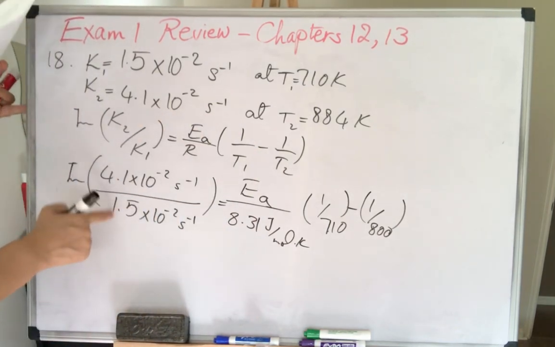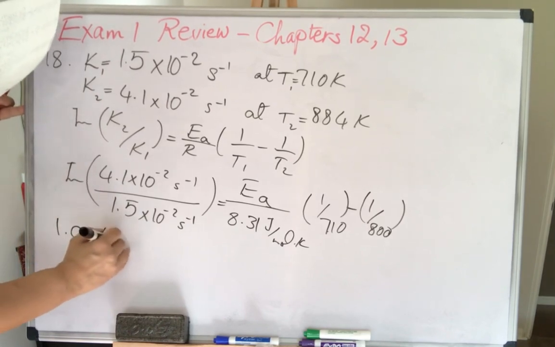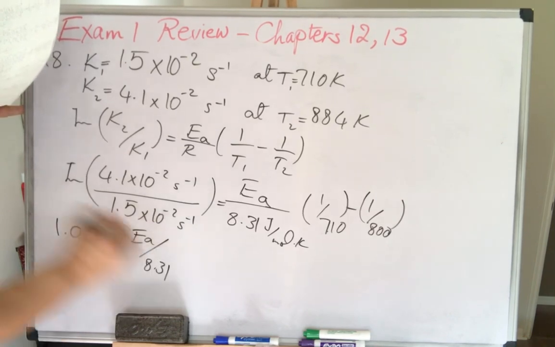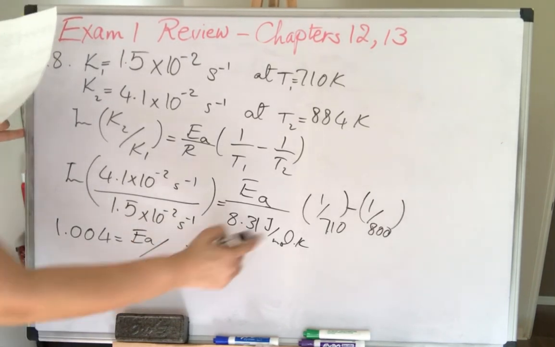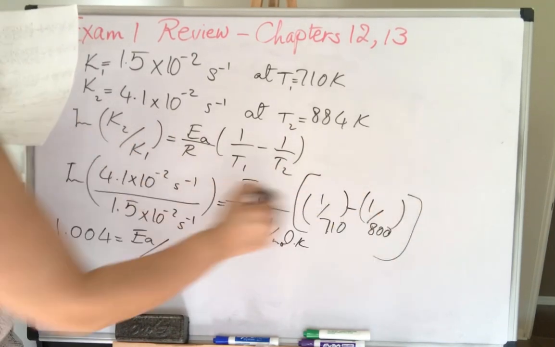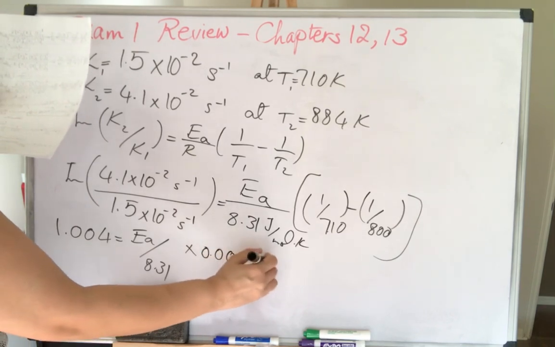So on the right side, the ln of this ratio is going to be 1.004 equal to Ea over 8.31. If your calculation is correct, the subtraction of these two fractions is going to give you 0.00028.